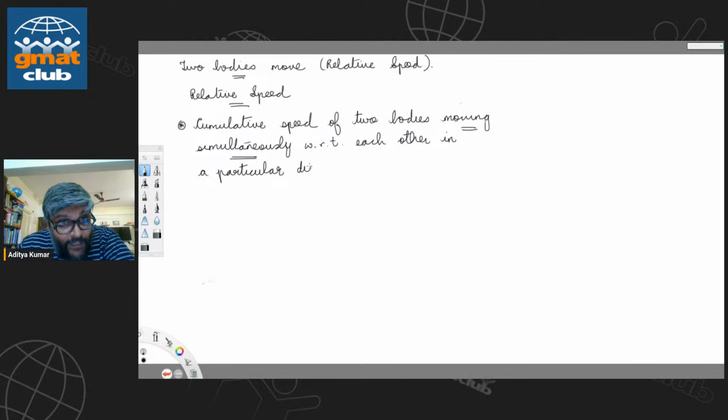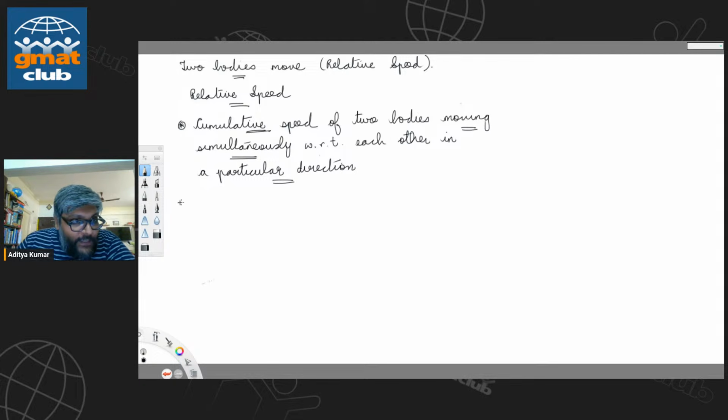Again, I'm going to underline particular direction. I'm underlining the keywords here. What is relative speed? It's the cumulative speed of two bodies moving simultaneously with respect to each other in a particular direction.